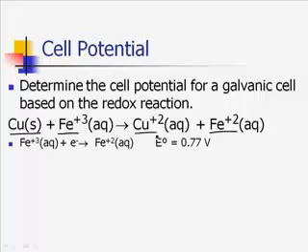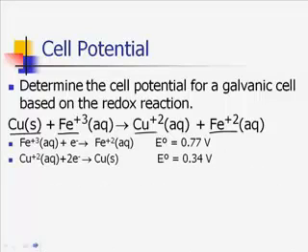If we look up our values in the table, these are the two reductions, and it makes sense: the iron is more positive than the copper, so the iron will be reduced when it's hooked up with the copper cell.